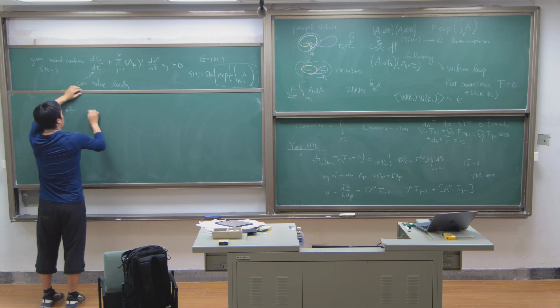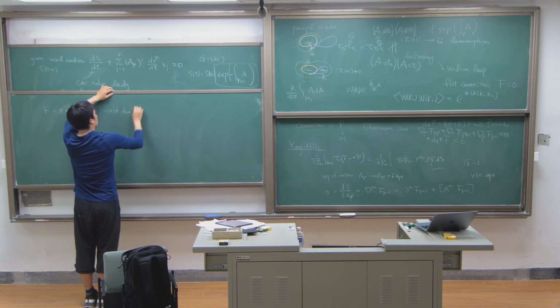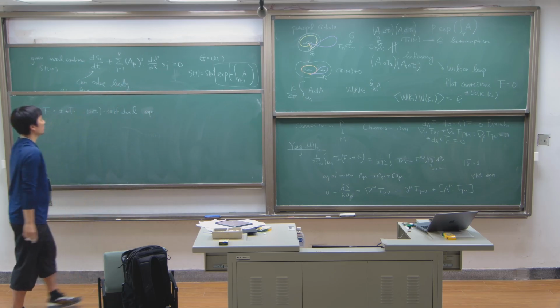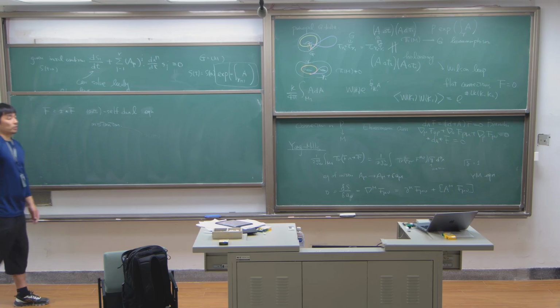It's called self-dual or anti-self-dual equation.